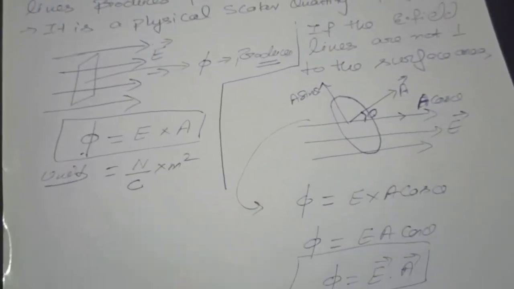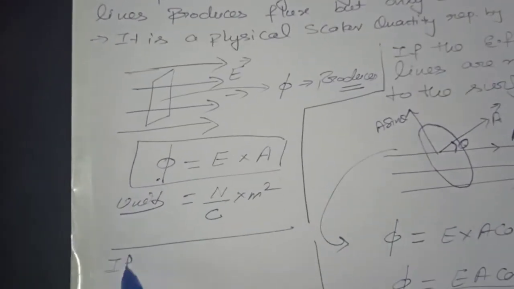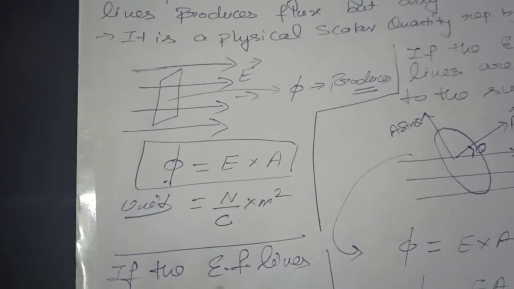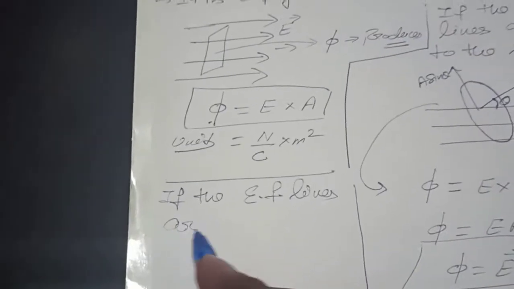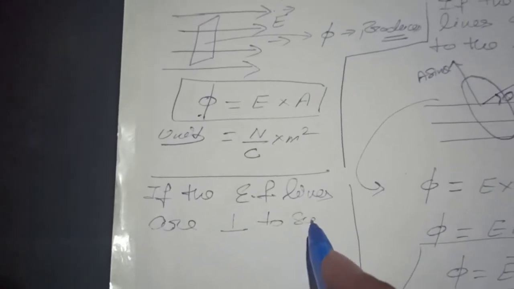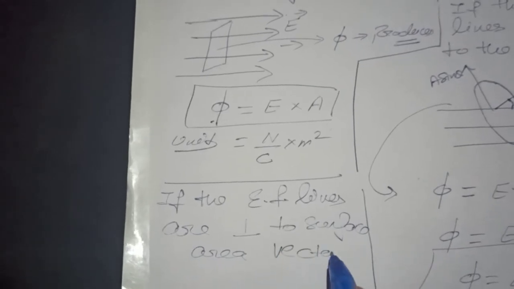So another case is that if the electric field lines are perpendicular to the surface area vector.